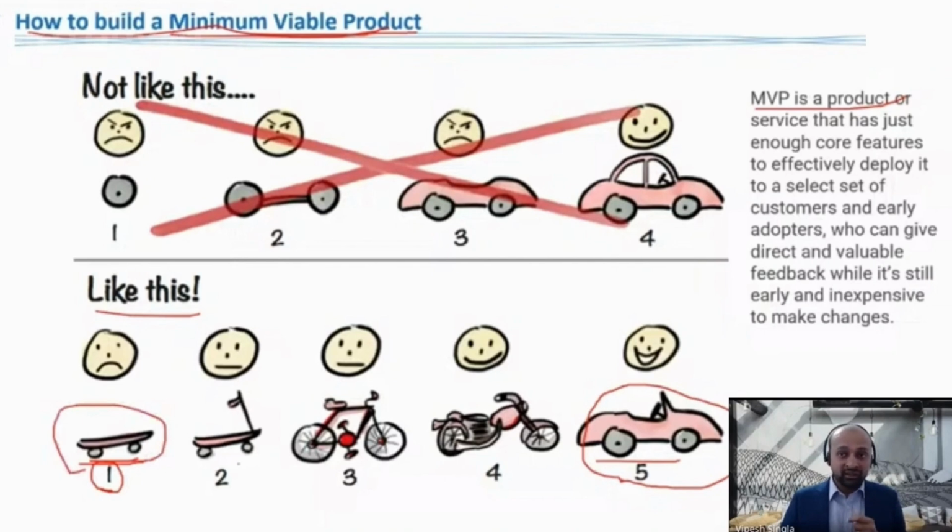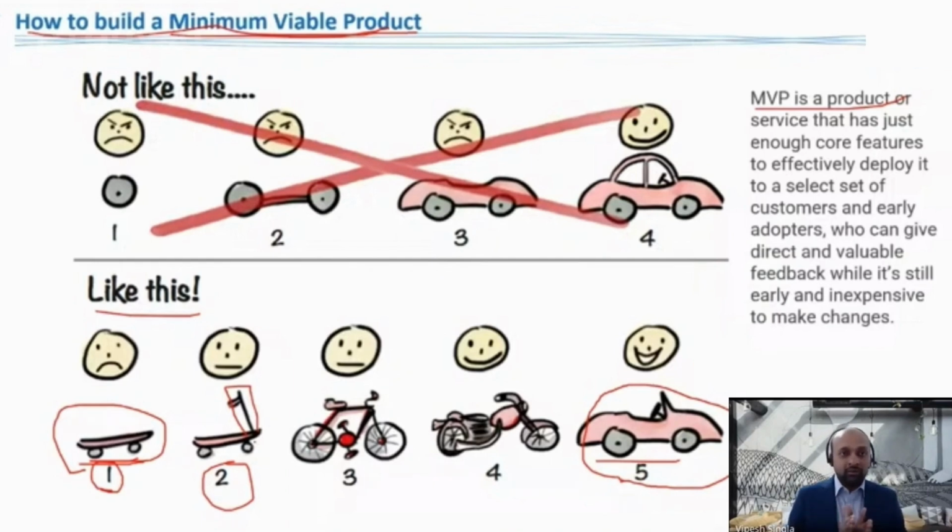Then in the next iteration, you add some more value which makes the life of the customer better in terms of product usability. In this particular example, they have shown that they have added a handle. What this handle does is, on the skating board, it helps you have more control over the direction of the board.